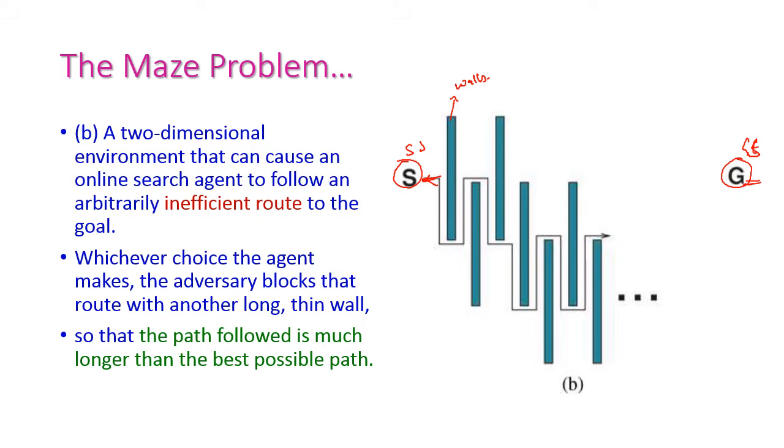Of course, the route will be inefficient, because if the agent discovers any route, immediately there is another wall in between that route. Hence sometimes it can find a route like this. If it goes like that, then definitely the route will be very inefficient when compared to the original path.